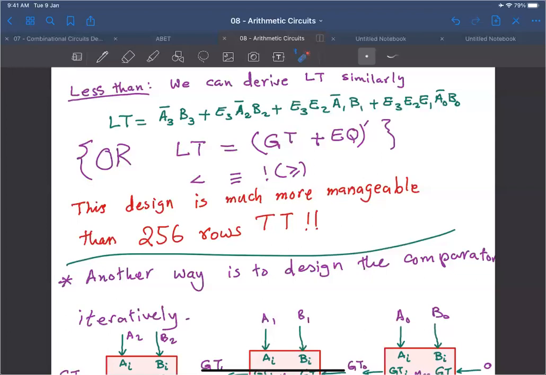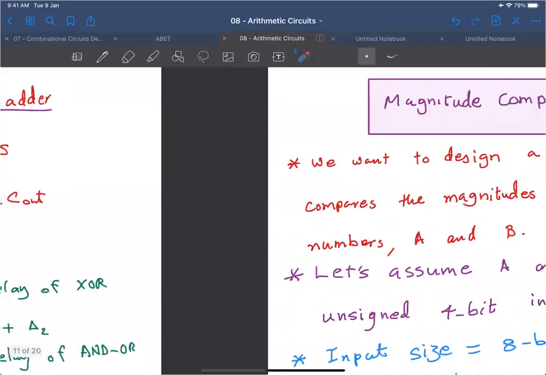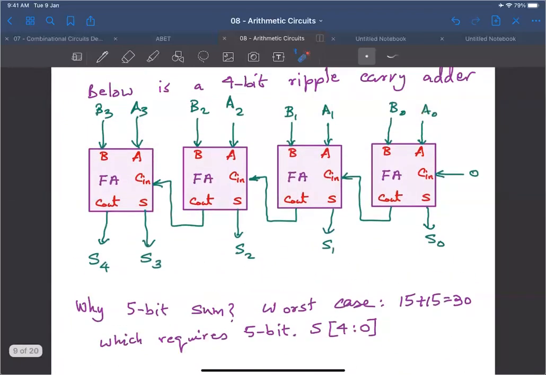This is iterative design, and we did the same concept with the ripple carry adder. We designed the same cell, called the full adder, and then cascaded it across all the cells. This is iterative design as well.